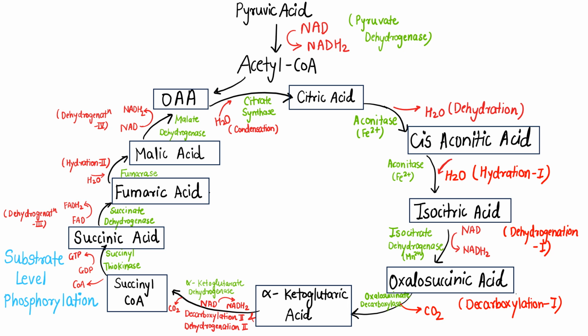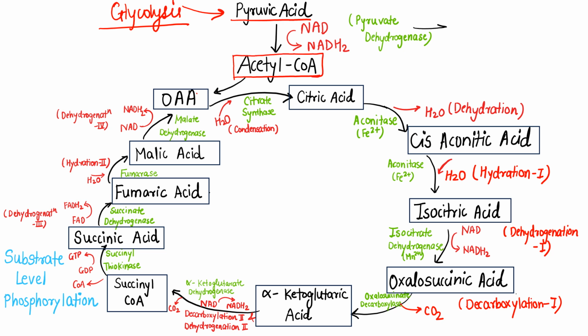Before starting the actual Krebs cycle, we will first see about a process called acetylation which is performed just before Krebs cycle. So in acetylation, pyruvic acid which comes from glycolysis pathway enters and gets converted to acetyl coenzyme A, this compound.